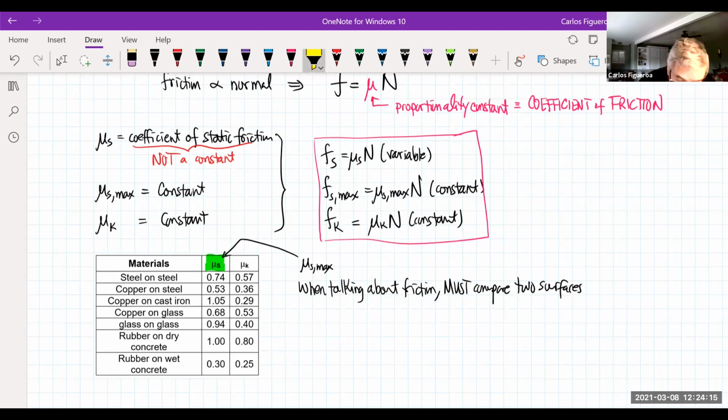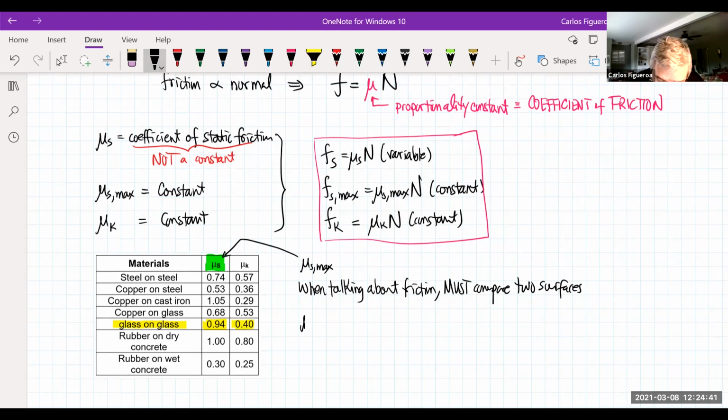Look at glass on glass. Once you put glass on glass, it has a large coefficient of static friction. But once I start moving glass on glass, you could see that the kinetic friction drops off.